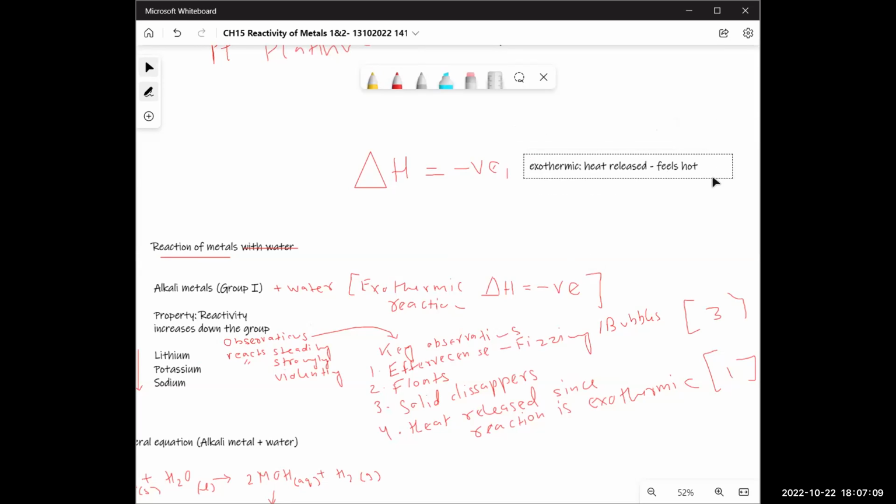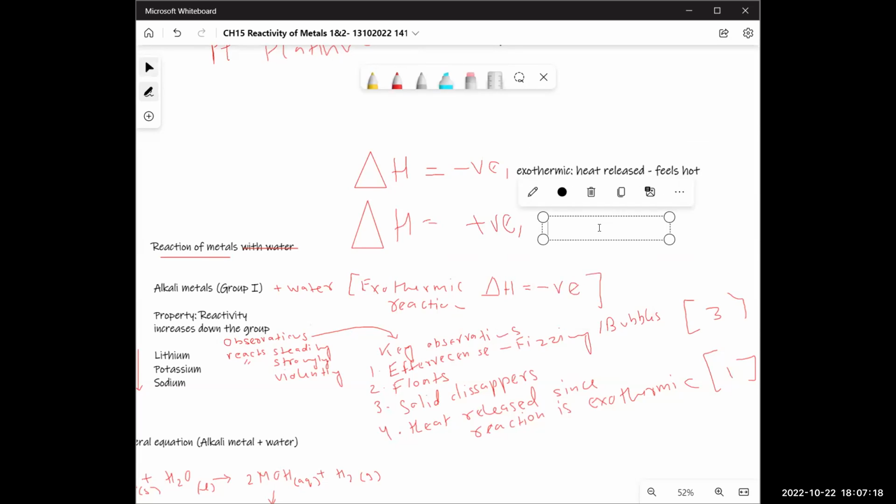Now the opposite happens for endothermic. When you have delta H which is positive, always for endothermic reactions, heat is taken in. Since it's absorbing the heat, you cannot feel the heat.